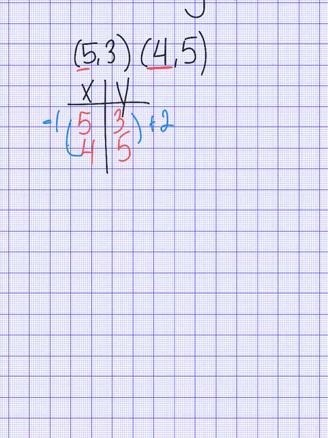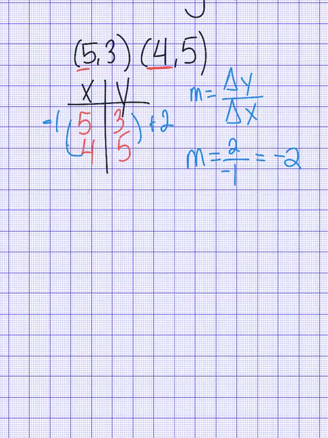So for the slope m, remember it's the change in y over change in x. My x values are changing by plus 2. My y values are changing by minus 1. And then you could simplify this. 2 divided by -1 is -2. So that's my slope.